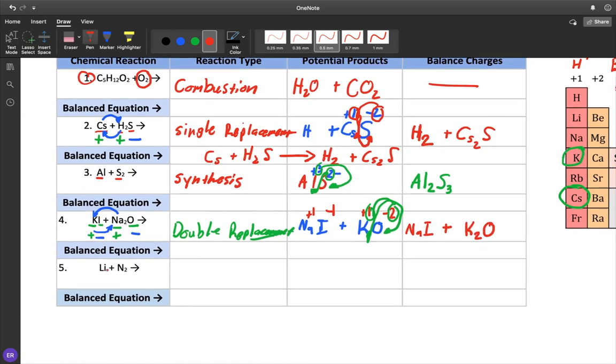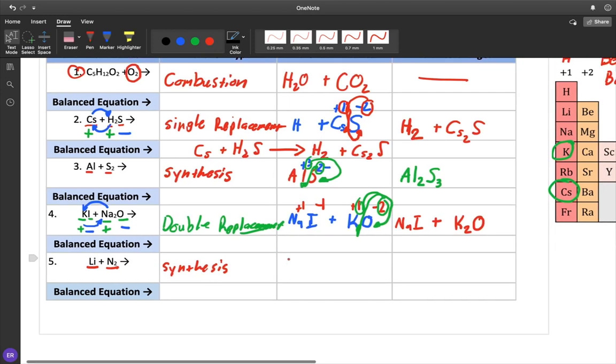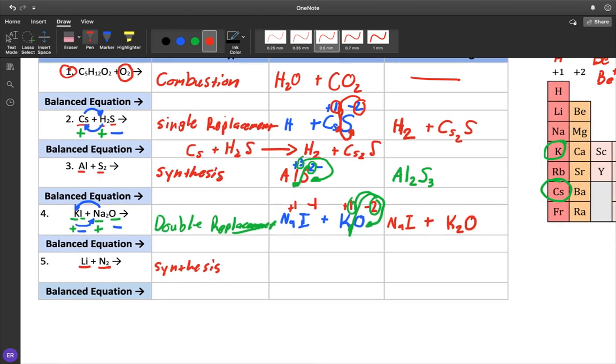All right, and then the last one we have, so ask yourself, is this combustion? No, because there's no O2 on the reactant side. We have Li, which is lithium, and N, which is nitrogen. So we have two single elements. This is going to be synthesis. Okay, and we've already done a synthesis problem.